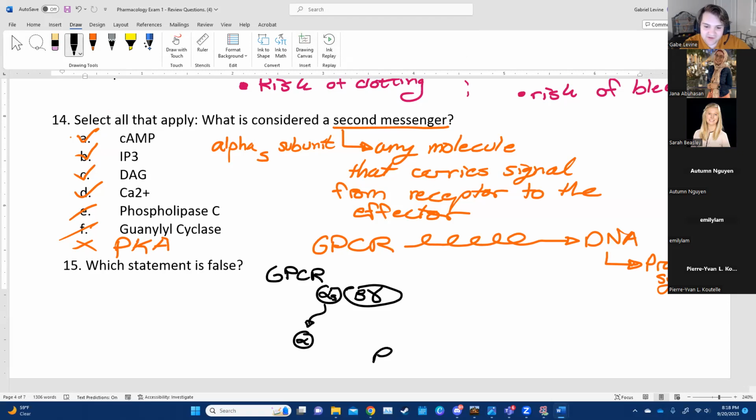It goes and activates the enzyme, which takes ATP and converts it into cAMP. Is this an enzyme? No. Does it go and activate an enzyme in order to ensure that the signal eventually ends up at DNA? Yes. So the alpha subunit is a second messenger. Doesn't matter if it's Q, S, or I.